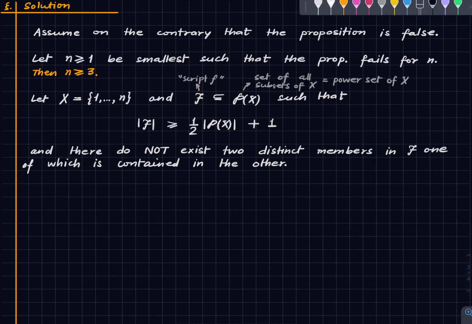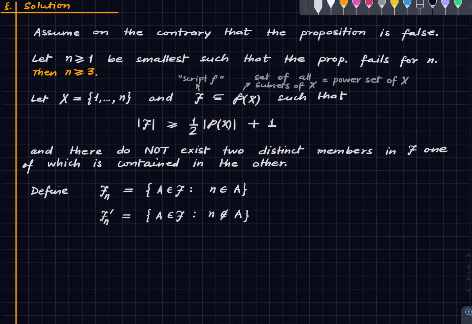Okay. So now define two things. One is F_n, all those things in F which contain n, and the other is all those things in F which do not contain n.